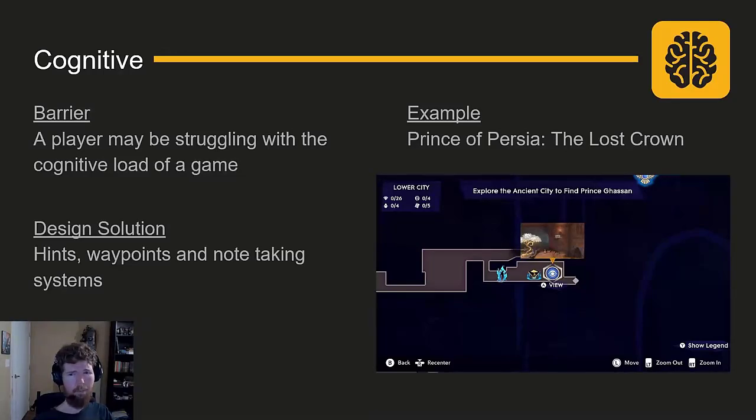Games like Metroidvanias tend to have these overwhelming maps. Prince of Persia: The Lost Crown addressed this with the memory shard system, where you're able to pin screenshots of the map onto the map itself, taking some of the hard work off the player with this elegant, wonderful little design.